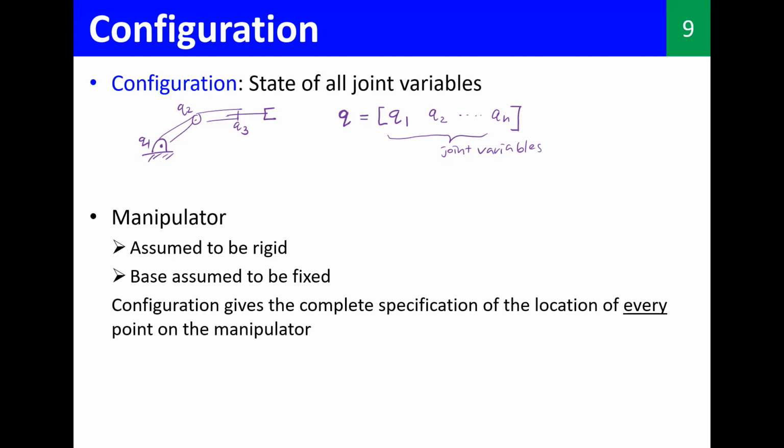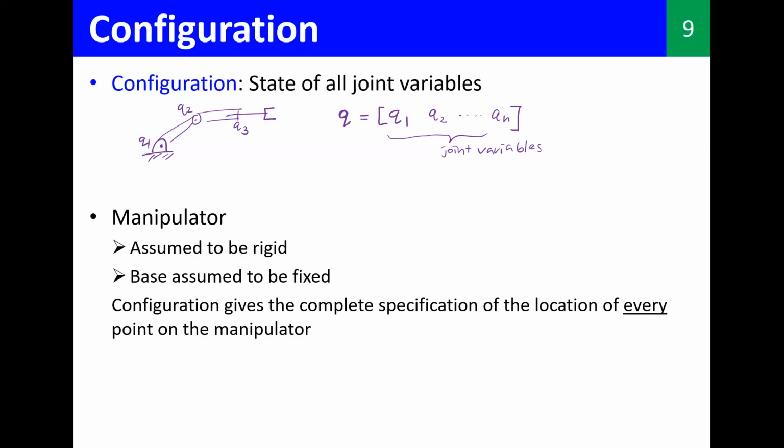Now we make 2 assumptions during this course. That is, we assume that the manipulator is rigid. So these links are, let's say, made out of some steel or something, where they are not compressed, and they can't bend or elongate. That's actually a valid assumption, I suppose.